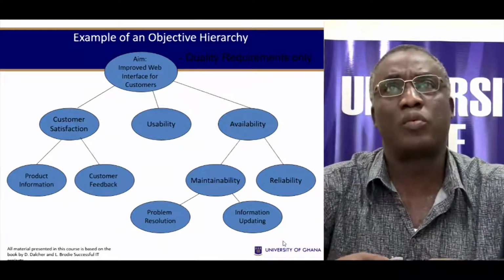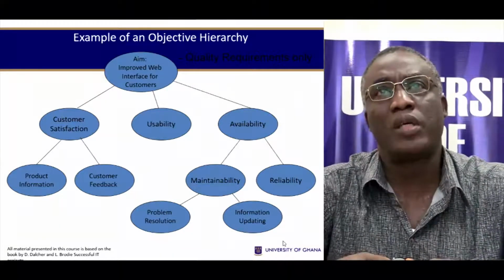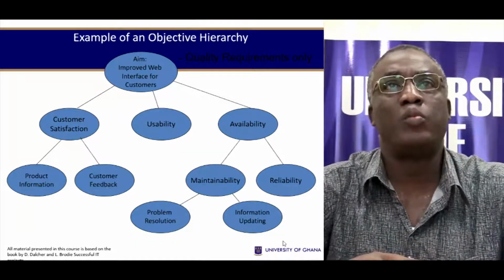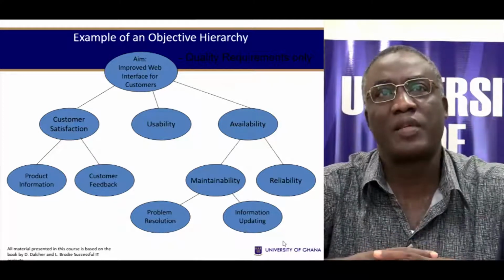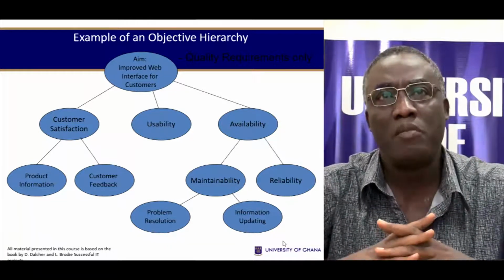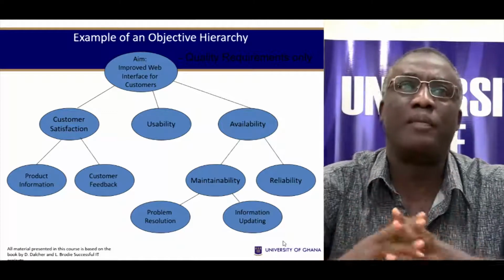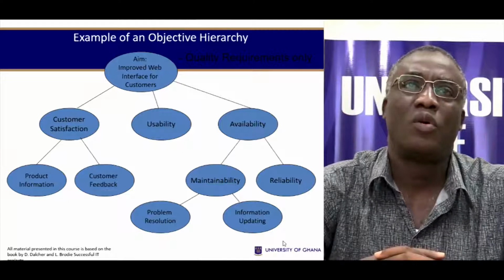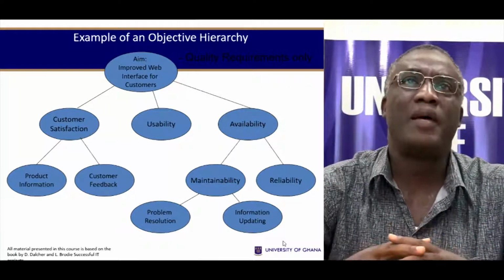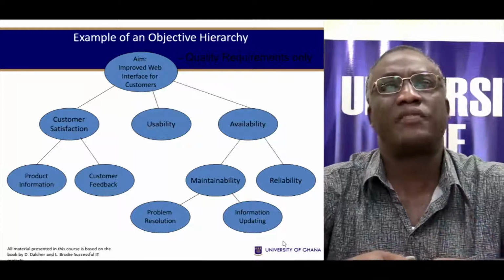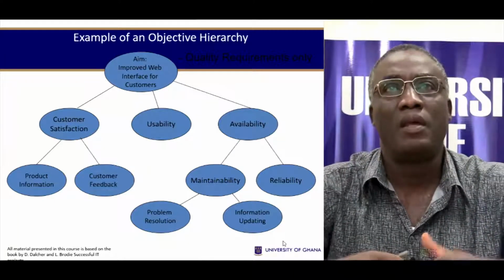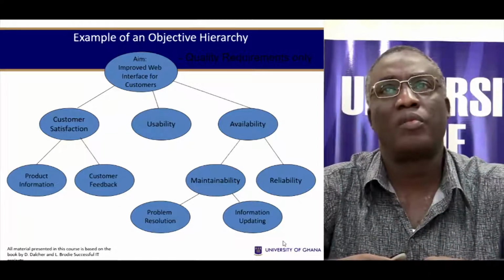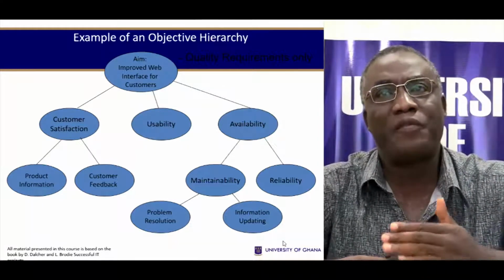So let's look at an example of a project on an objective hierarchy. Your aim is to improve web interfaces for customers. So that's your general aim. Under that come your objectives. You can achieve this aim by improving customer satisfaction, making the interface more usable, and then making it available.